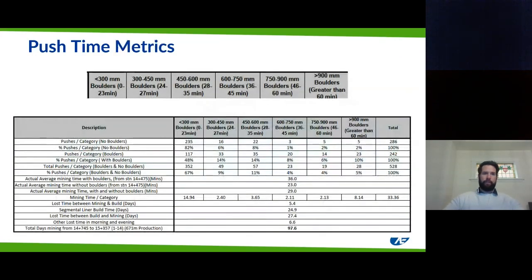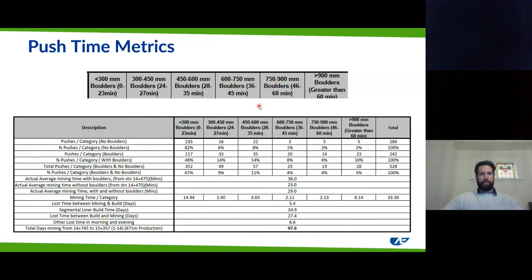So as you look at the slide here, you'll see we start to equate that, for example, a 750 mil to 900 mil boulder would take the contractor 46 to 60 minutes. And the difference between each of these buckets is approximately 15 minutes.